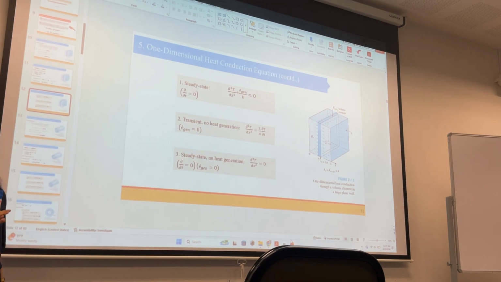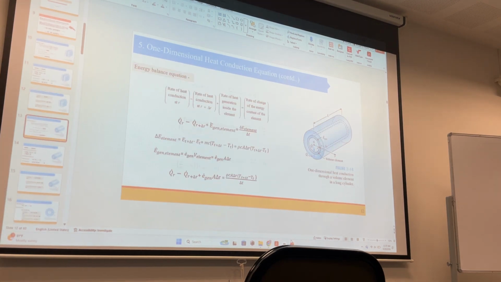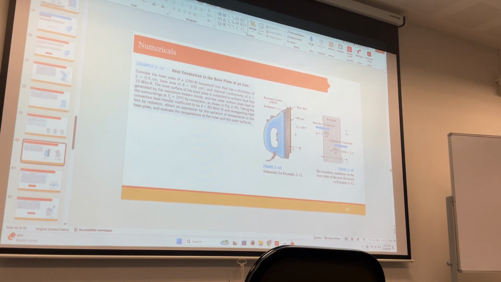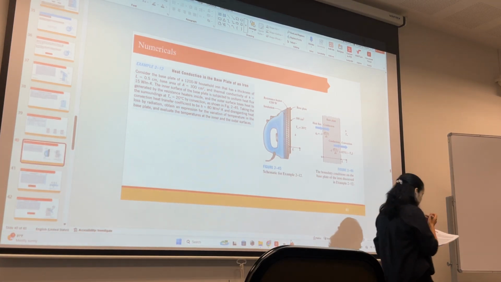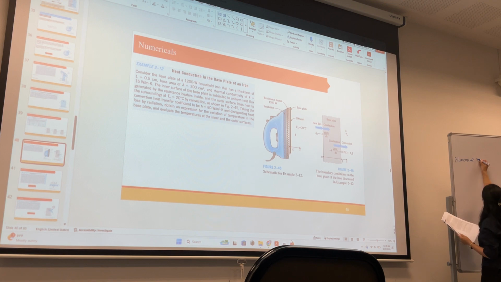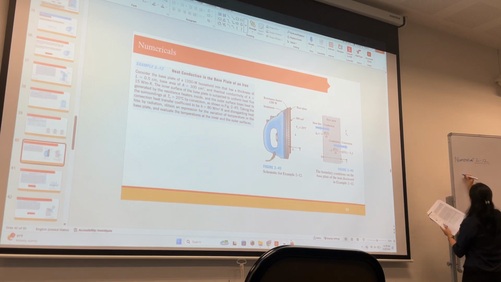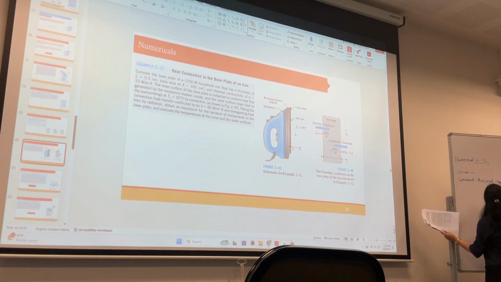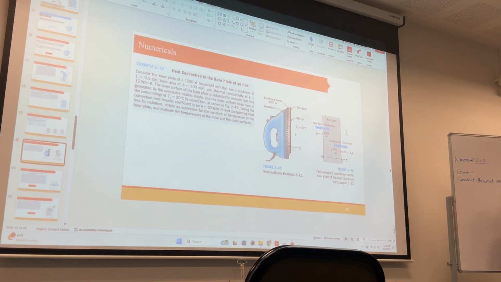One solution that is only applicable for that iron. And it's a plain wall.